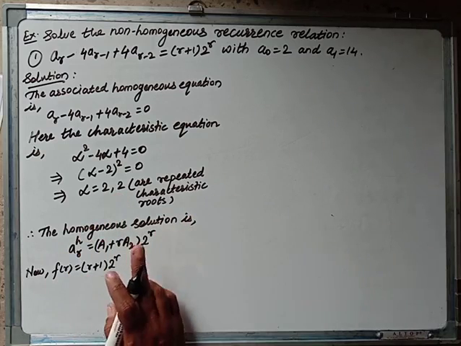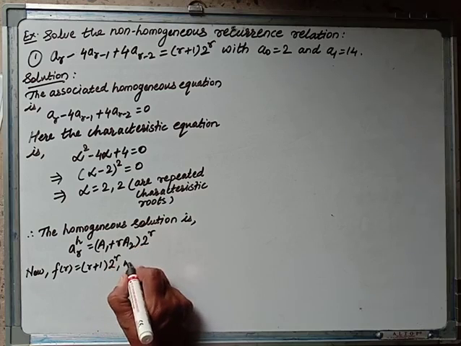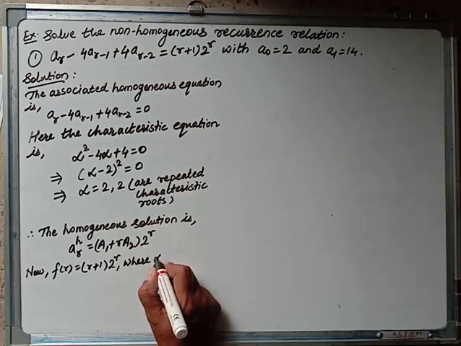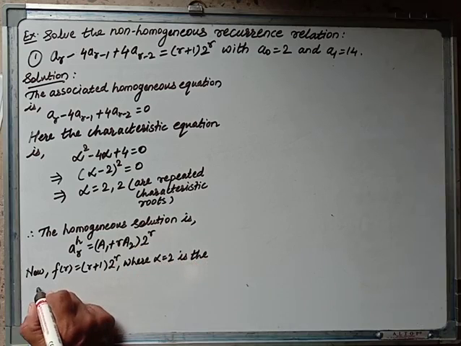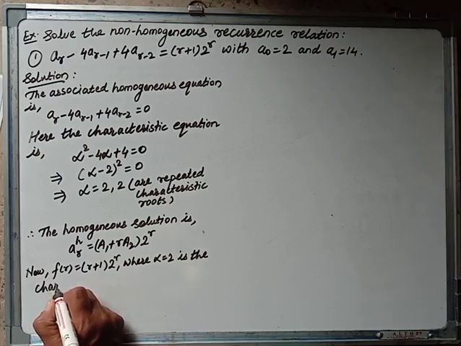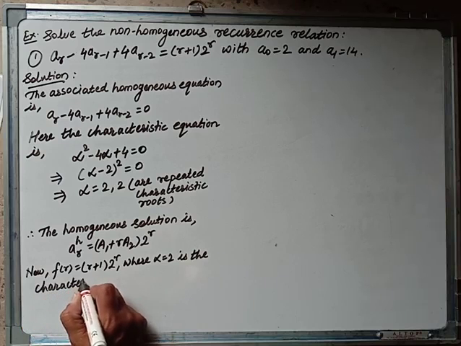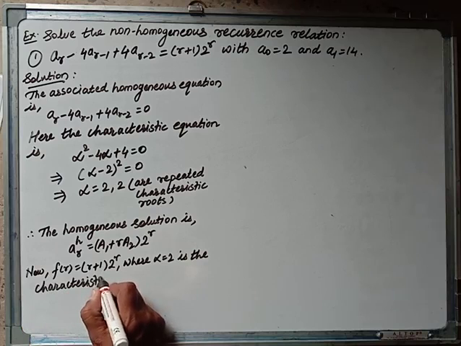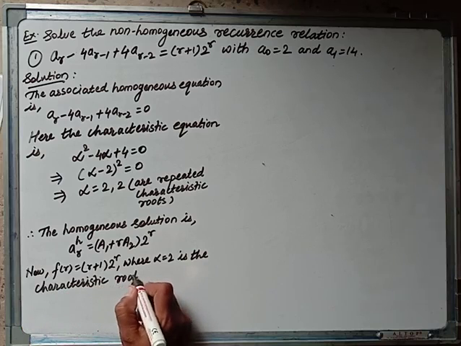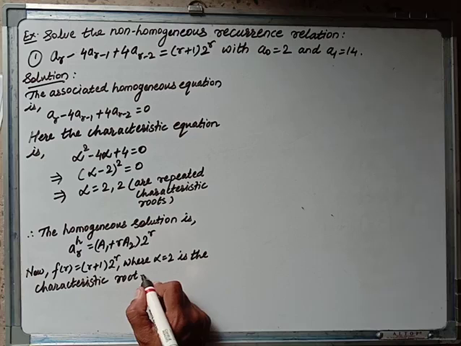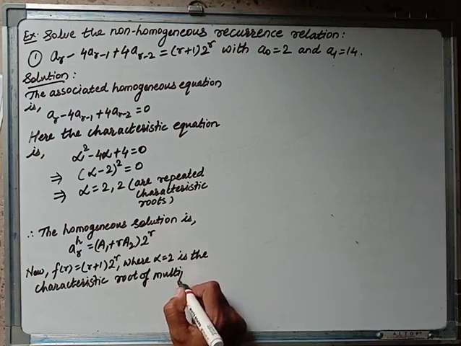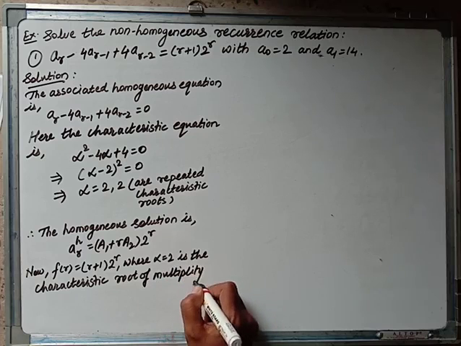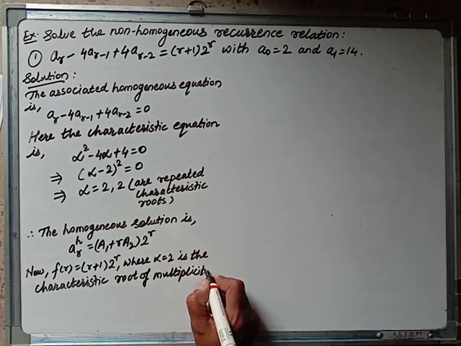Here alpha equal to 2 is the characteristic root. Okay, therefore it is a characteristic root of multiplicity 2, because it is repeated.